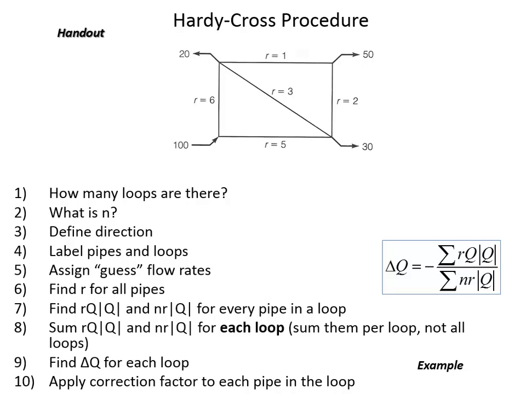R times Q times the absolute value of Q gives us 225. Then here it'll be negative 2450, negative 456.23. Add it all up, and it is negative 2681.2.